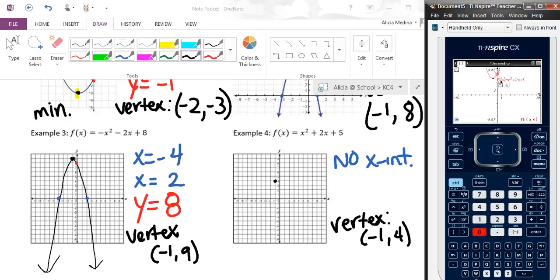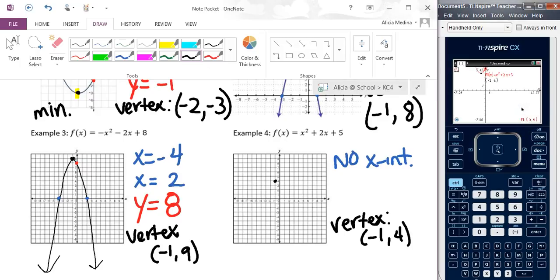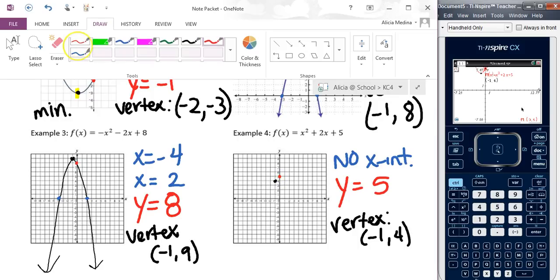I'm going to type in that 0, which it already kind of knows what I'm looking for. And again, down here it tells me exactly what point it intersects. So my y-intercept is at a +5. So 0, 5 is where that's intercepting my y-axis, and then I can just go ahead and graph the best that I can.